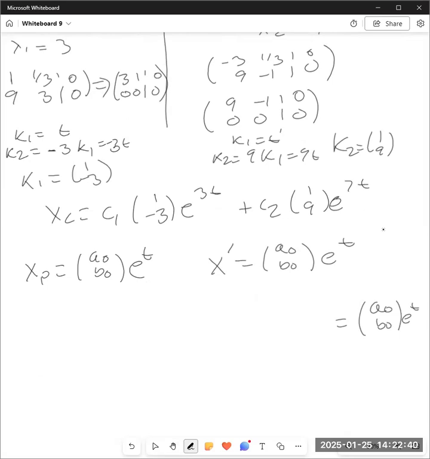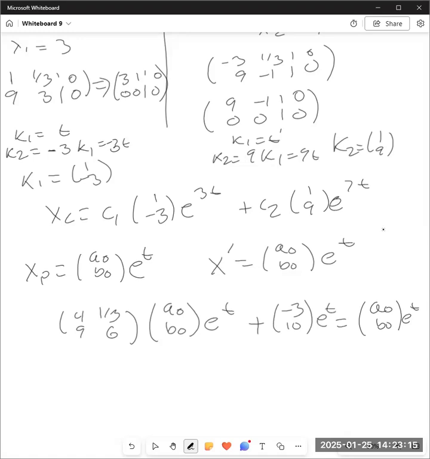Then my left hand side of my equation is the matrix [4 1; 9 6] times x, which is [a0; b0] e to the t, plus [-3; 10] e to the t.